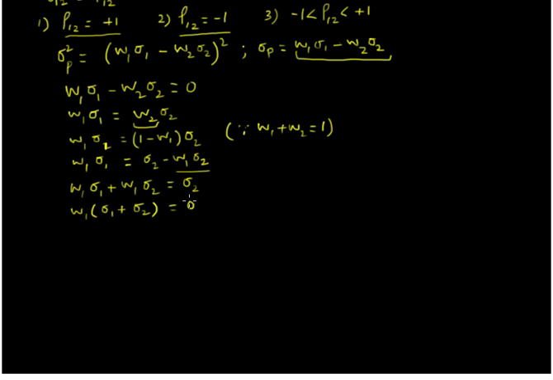And from here we can easily write W1 as being equal to the standard deviation of 2 divided by the standard deviation of 1 plus the standard deviation of 2, which also means that W2 is going to be equal to 1 minus W1. These are the optimum weights for a zero risk portfolio if the correlation coefficient is -1.